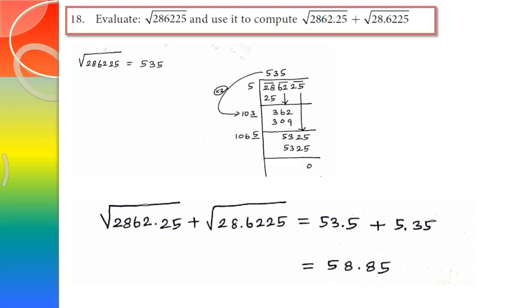So 535 is written as 53.5. Next, the second number is the same but the decimal places are changed. There are 4 decimal places, so the answer gets 2 decimal places, so 5.35. Adding the numbers, 53.5 plus 5.35, the answer is 58.85. That is the answer.